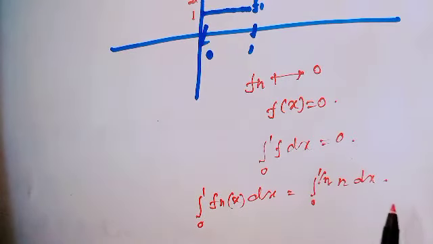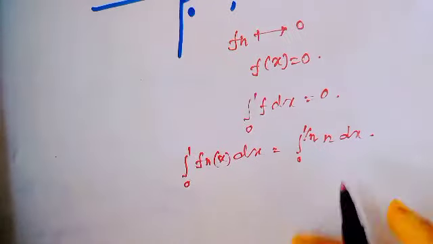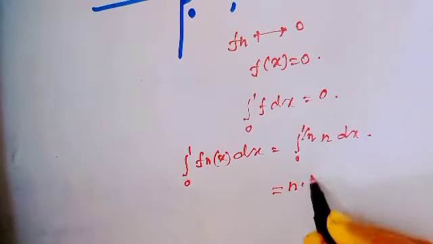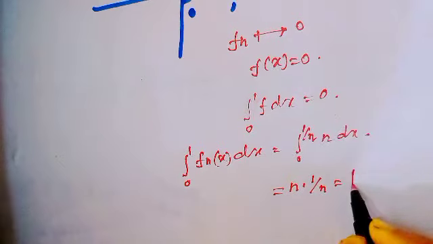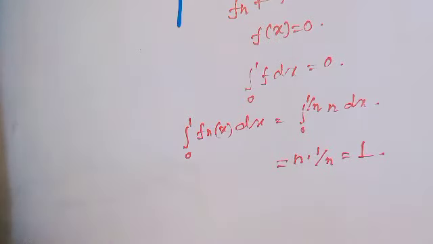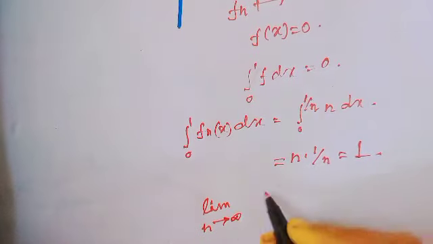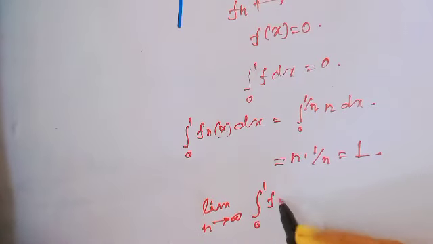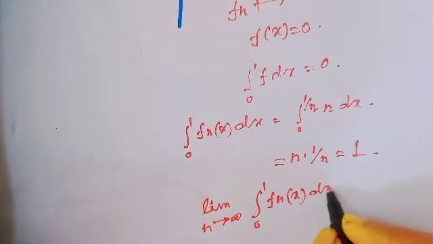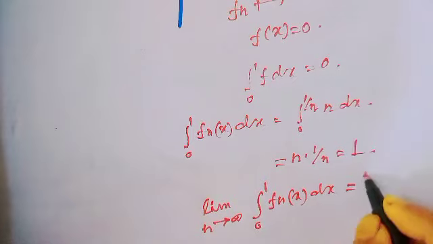Otherwise the value of the function is 0. That means this value would be n times 1 over n, which is equal to 1. So, limit n tends to infinity of integral 0 to 1 of fn(x) dx would be 1.